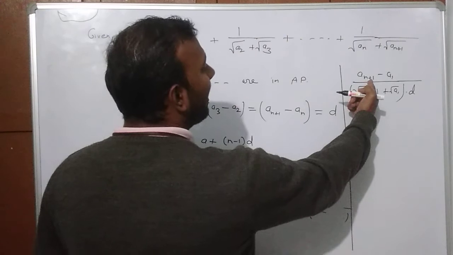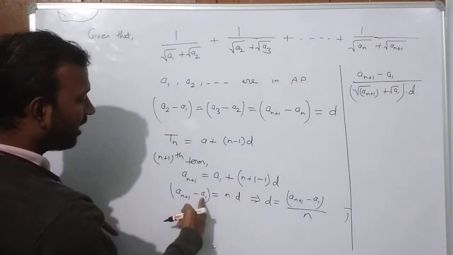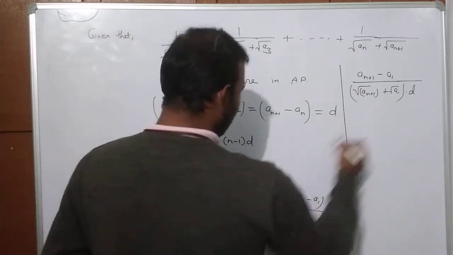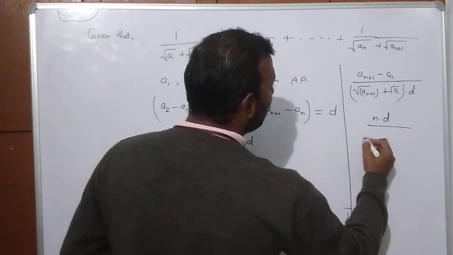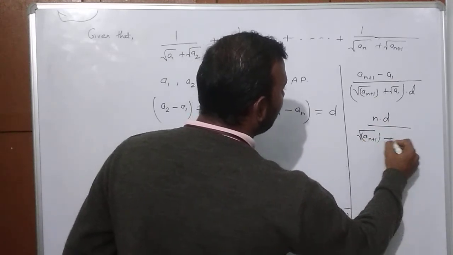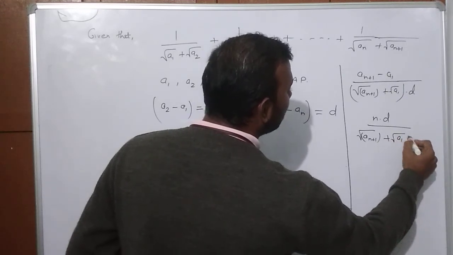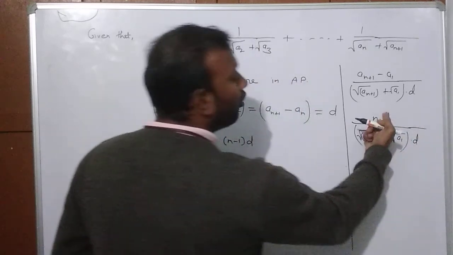Here what we had was a n plus 1 minus a1. So a n plus 1 minus a1 we can write as n into d. So n into d upon under root a n plus 1 plus under root a1, and this is being multiplied with d. So d is common from the denominator and numerator.